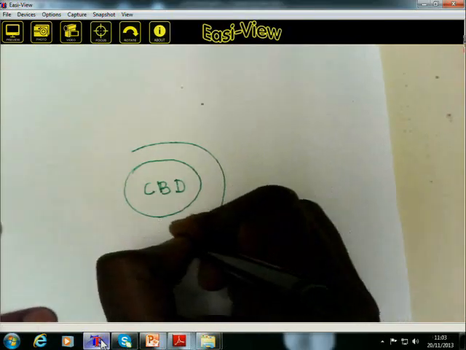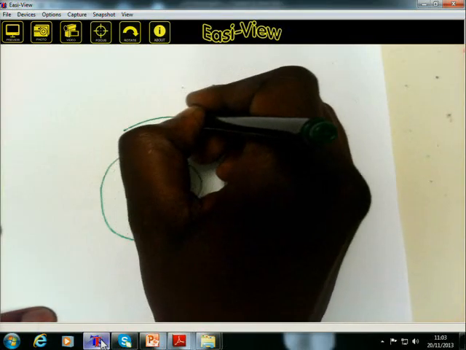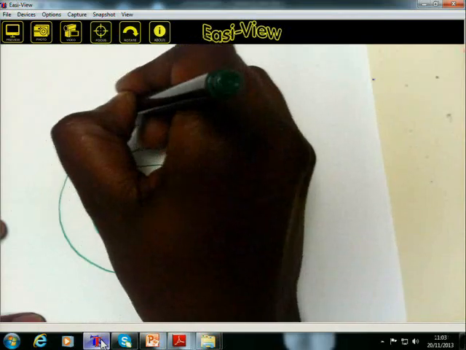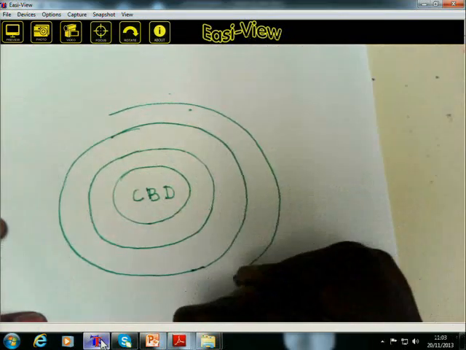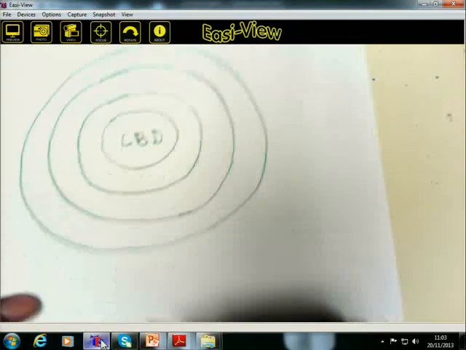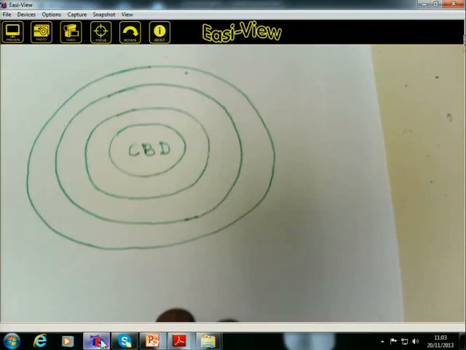Remember, the heart of the city will always be the central business district. And then what does it say? It says there are circles, all the other land use zones, and they are distinct. They are around the CBD. There you have my concentric zone model.